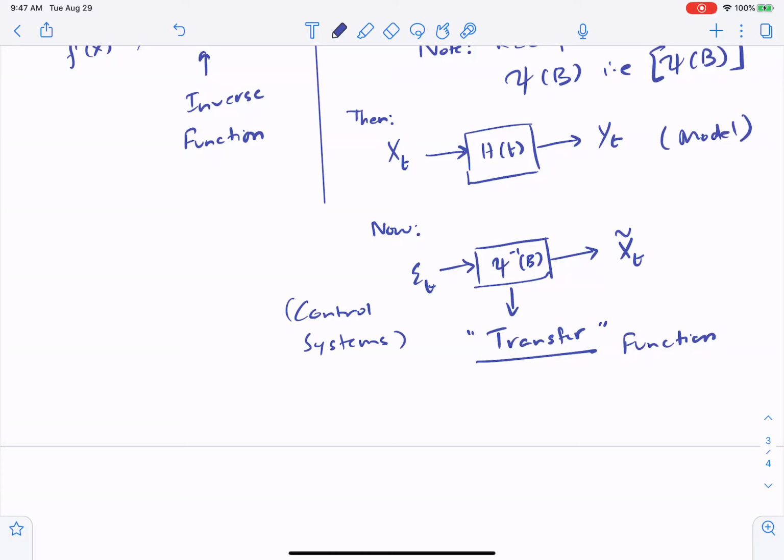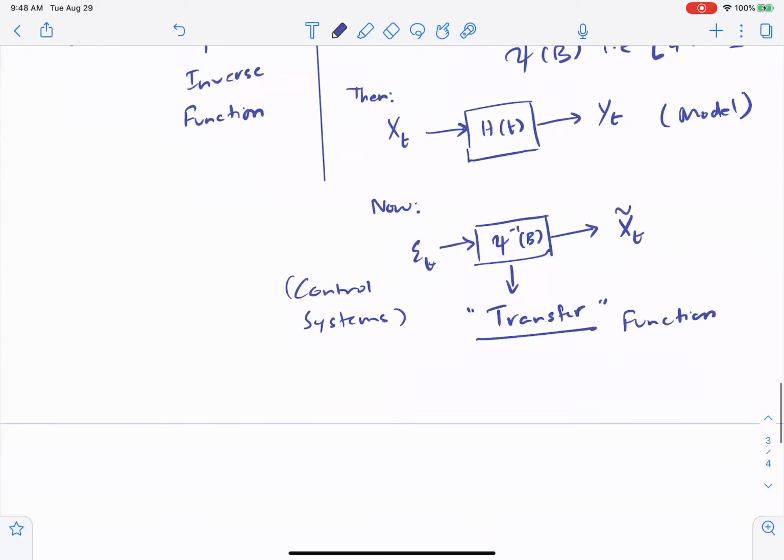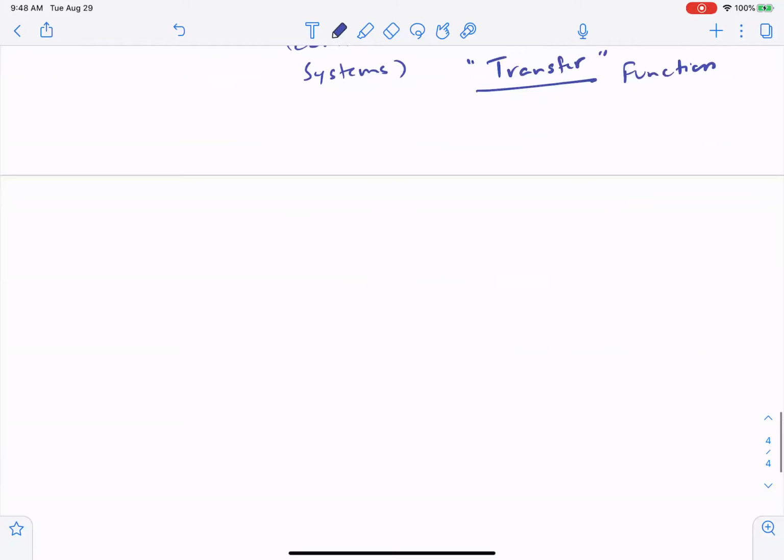I say tomato, you say tomato, we're all talking about the same thing. Are we clear? Not seeing any questions. If you do, type or unmute and ask. Let's do a quick example before I dig deeper.